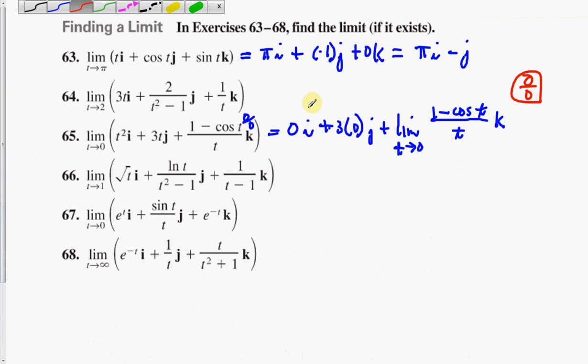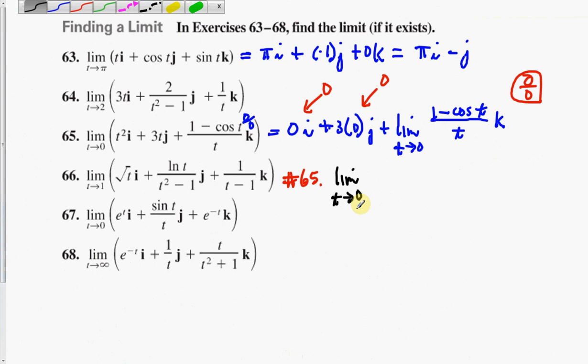Well, let's see. So these two, the i and the j components, are 0. This is still number 65. So here we got 0, and this one is 0. So all we're doing is computing that kth component. L'Hopital's rule says that if we have some indeterminate form, then you can look at the derivative of the numerator divided by the derivative of the denominator.